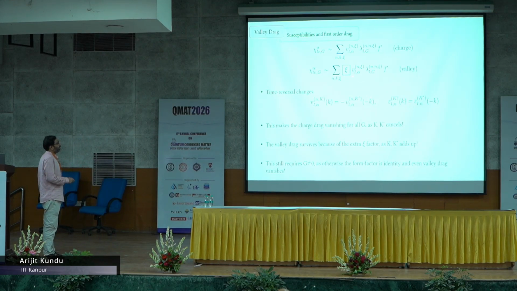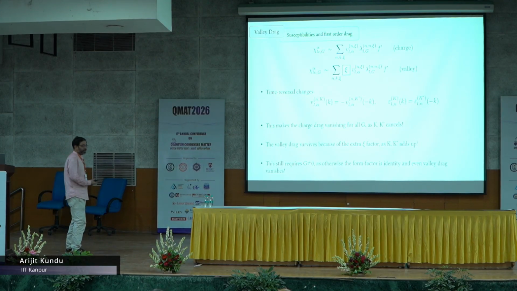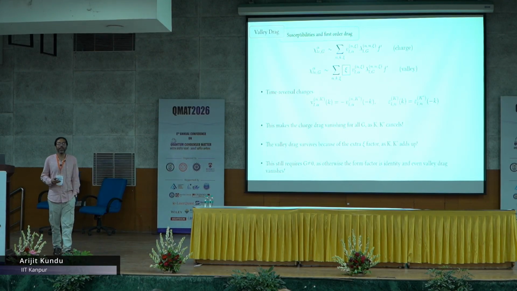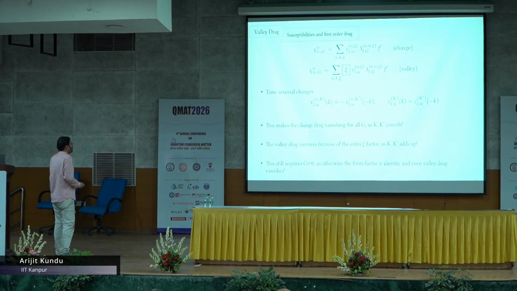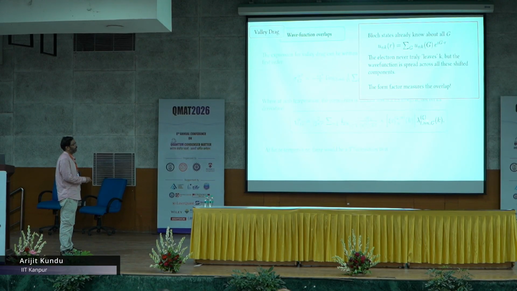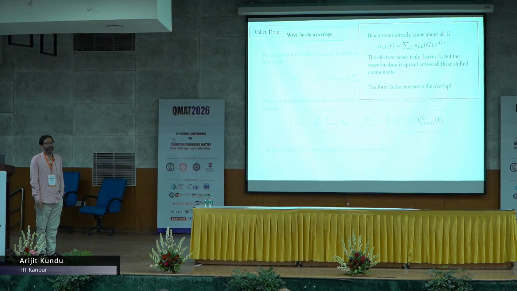But the valley drag can survive because of an extra factor. Essentially the charge drag vanishes because the K and K prime valley drags exactly cancel each other. The valley drag can be non-zero because K and K prime add up. But this still requires a G not equal to 0 contribution, and otherwise the form factor lambda will be simply identity, and this will also kill the valley drag.